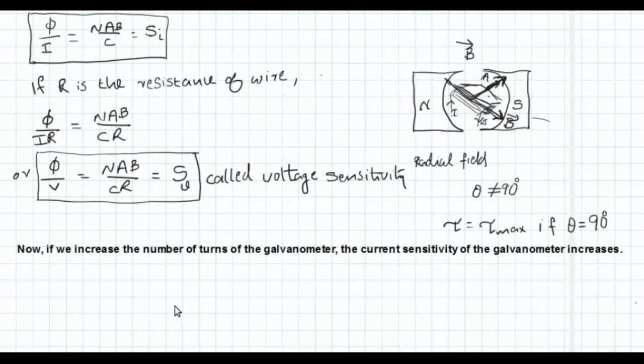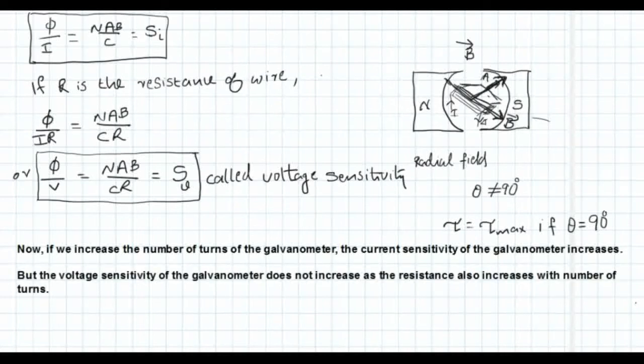Now if we increase the number of turns of the galvanometer, the current sensitivity of the galvanometer increases. If we increase the number of turns n, then the numerator value increases and as a result the value of SI, that is the current sensitivity, increases. It is a very logical relation.